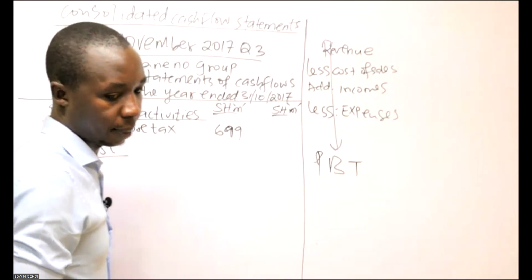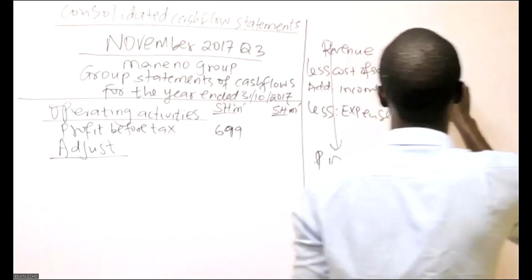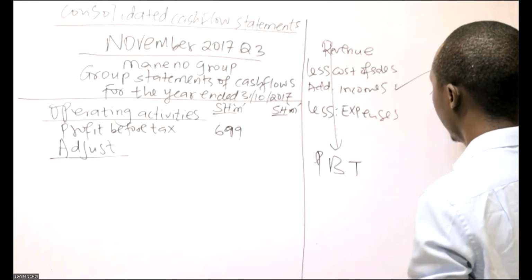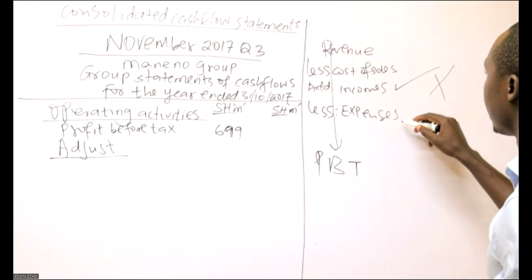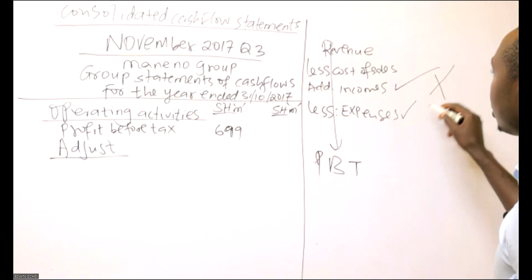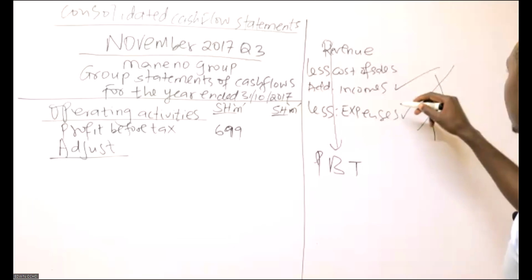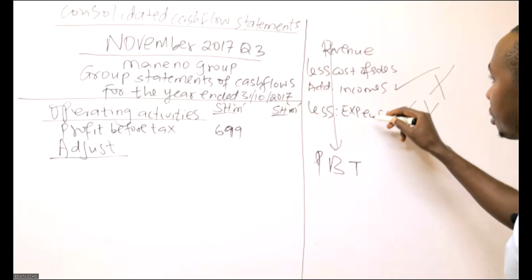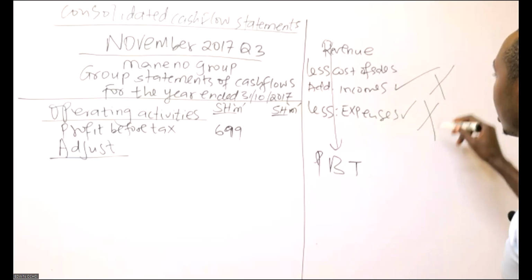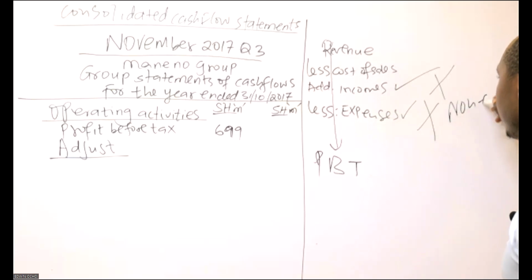So here, there are some incomes which were added, which were not supposed to be added. And there are some expenses which were subtracted, which were not supposed to be subtracted. These are incomes and expenses respectively. They are just non-cash flow items.